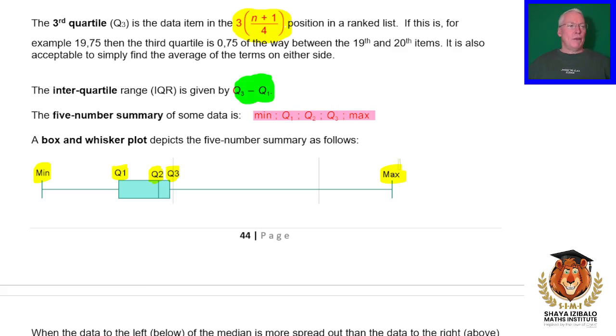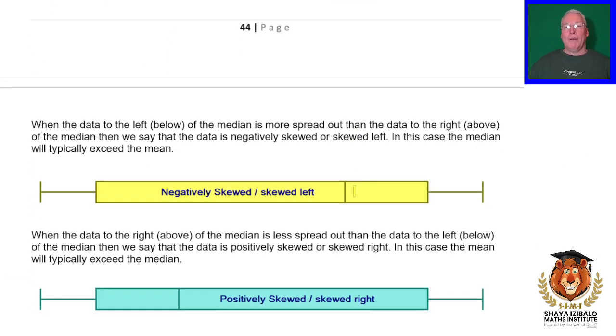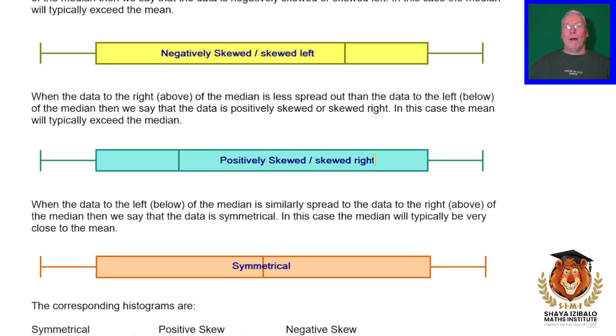One of the things we need to be able to do, if you can just turn the page to page 45, is comment on the symmetry or otherwise of data. Often people get this wrong. They say, oh, there's more data below the median. That doesn't make any sense. The median is the middle of the data. There's just as much data above the median as there is below it.